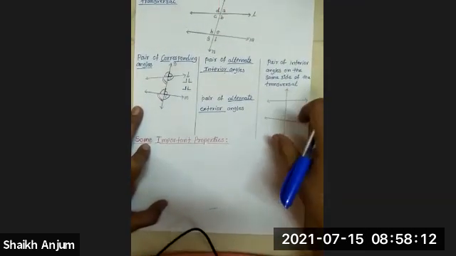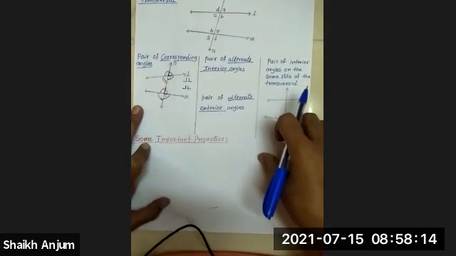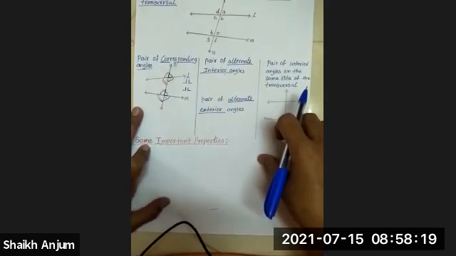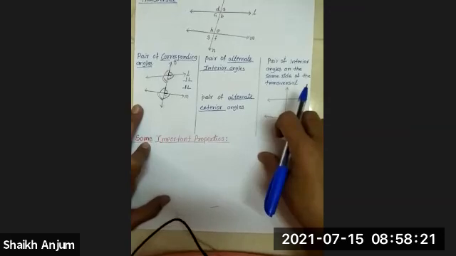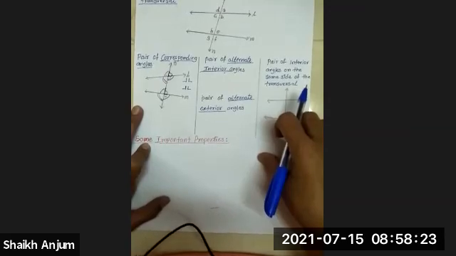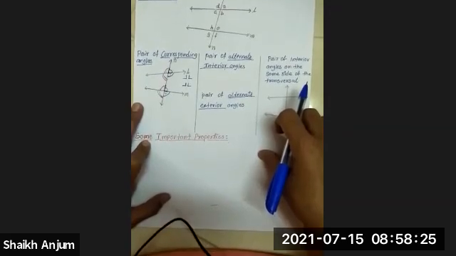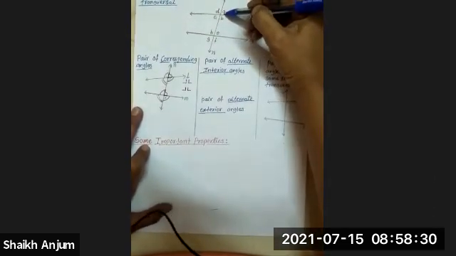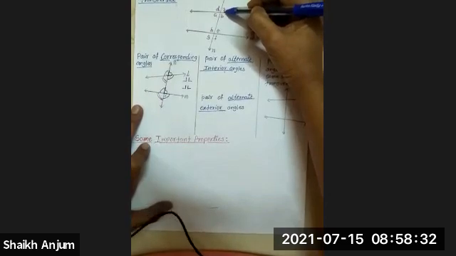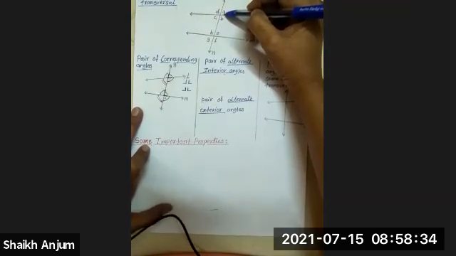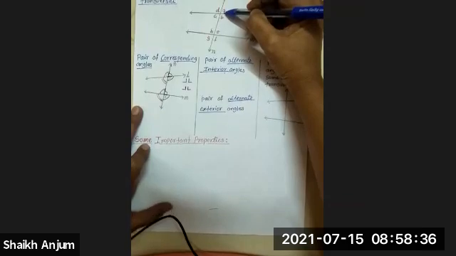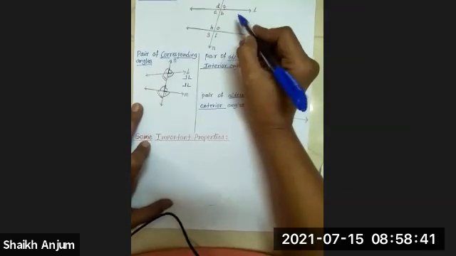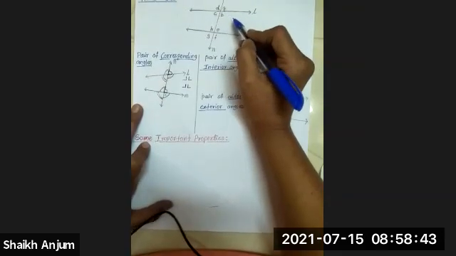Pair of angles which lie on the outside of two lines, but on opposite side of the transversal. Okay. Now, if I will take this diagram, the alternate angle means pair of angles lie on outside of two lines. Okay, but on opposite side of the transversal.